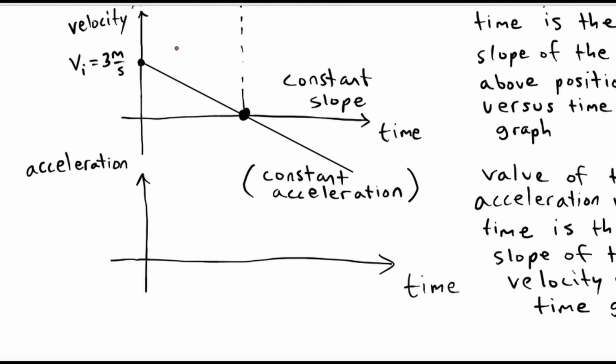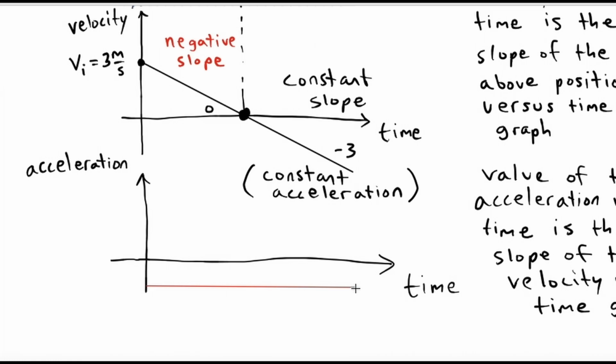Is that a positive or negative slope? It's called in math a negative slope because it is sloped to the right and down. Okay, that's a negative. Because see how the velocity went from 3 down to 0, and eventually it's going to go to negative 3. The velocity is going negative, so this is an example of negative acceleration.